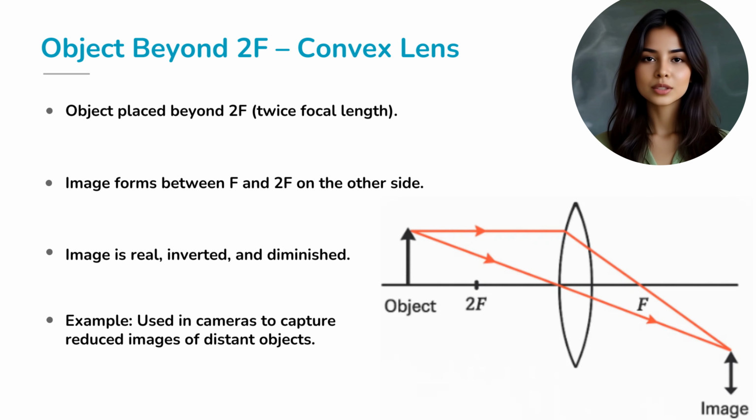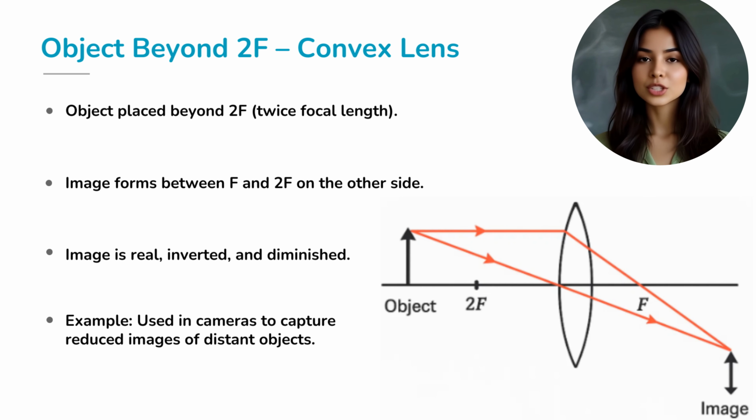Instead, it appears between f and 2f on the other side of the lens. Let's check the nature of this image. It is real because the rays actually meet, inverted because it flips upside down, and diminished because it's smaller than the object. So, you get a neat, reduced copy of the original.